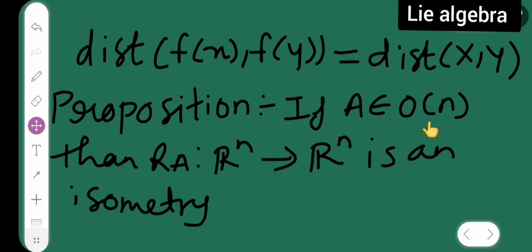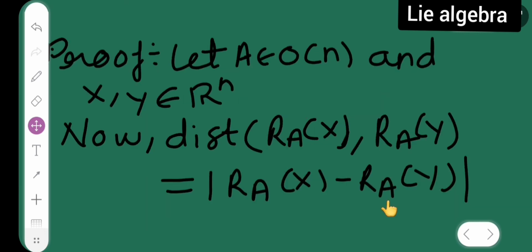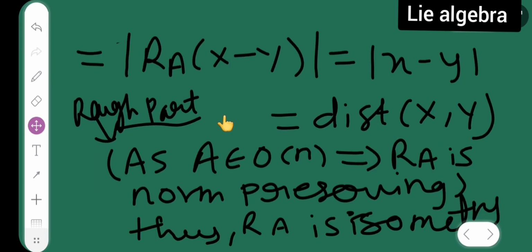Why is it like this? Because modulus of x minus y is nothing but distance of x comma y. So that's why I got distance of x comma y here. Now this is a rough part, okay? I was supposed to write it here: as A belongs to O(n) implies R_A is norm preserving, okay? Thus R_A is an isometry. So I have proved that my R_A is an isometry.